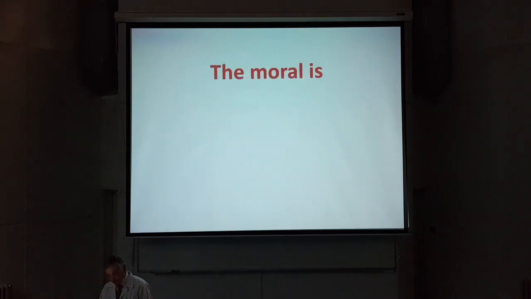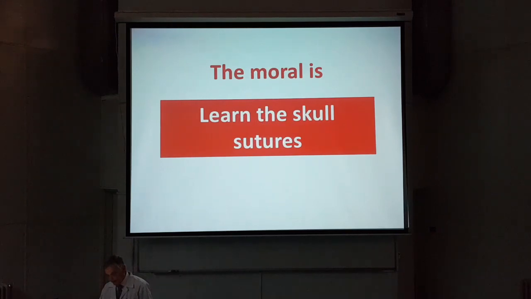This is dangerous. The moral is: learn the skull sutures. Your knowledge of the skull sutures will decide whether this hematoma of a skull is dangerous, leading to extradural hematoma inside the skull or not.